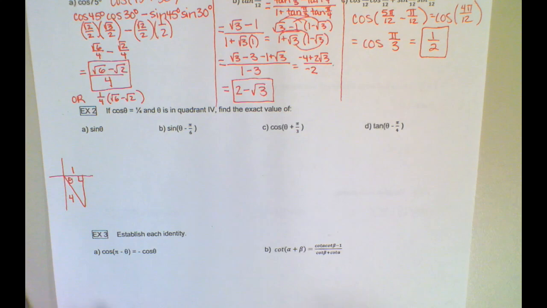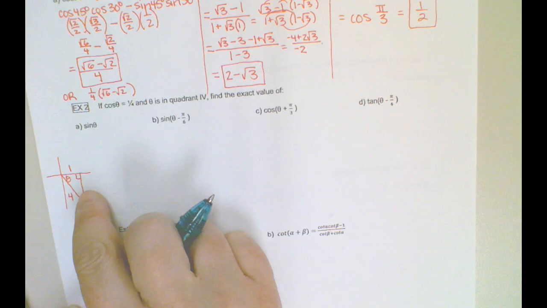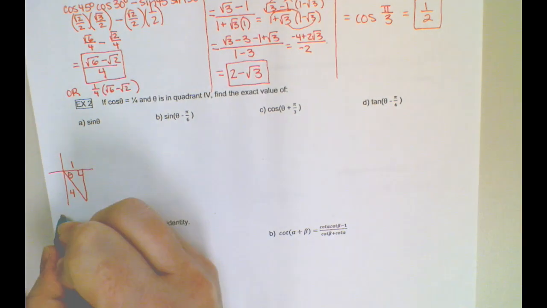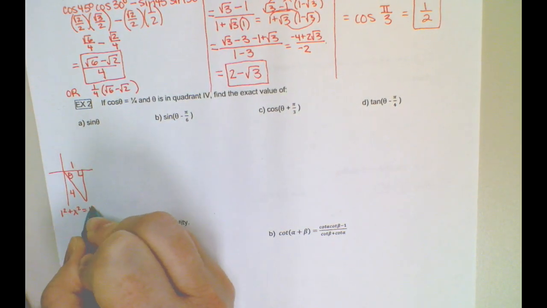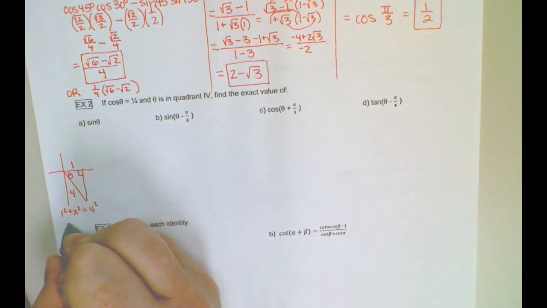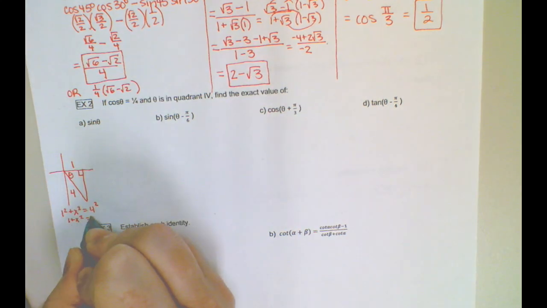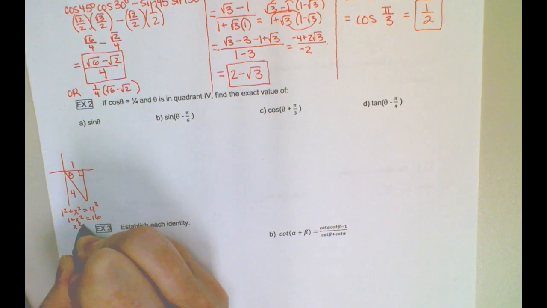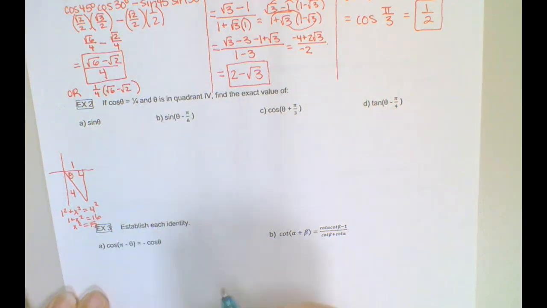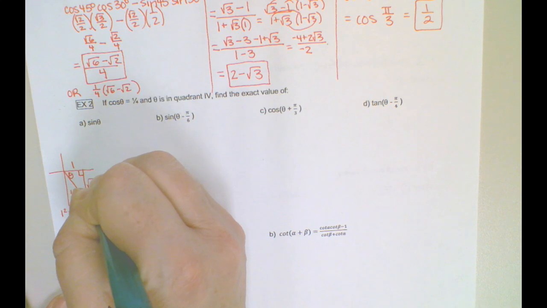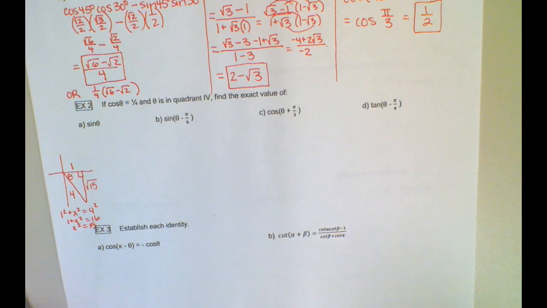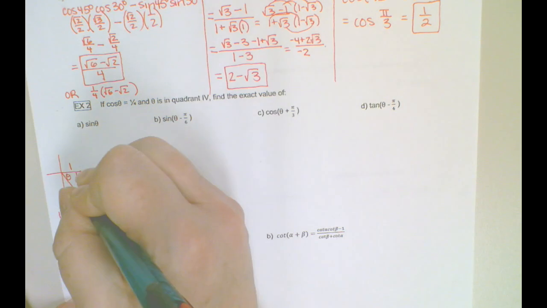And so I can then use that to find the opposite side. So 1 squared plus x squared equals 4 squared. So 1 plus x squared equals 16. X squared equals 15. And so that means that this side is radical 15. Again, we've talked about technically, of course, side lengths can't be negative.